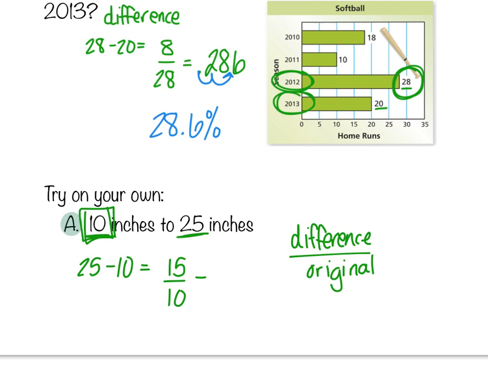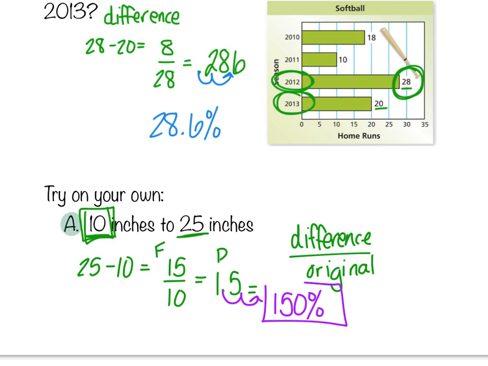Top divided by bottom is going to give you 1.5 as a decimal. So we've gone from fraction to decimal. And then to percent, we're just going to simply move the decimal over 2 spots to the right. And that's going to give us 150%. So that was a 150% increase.